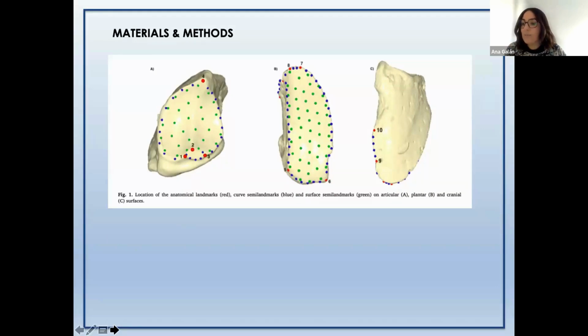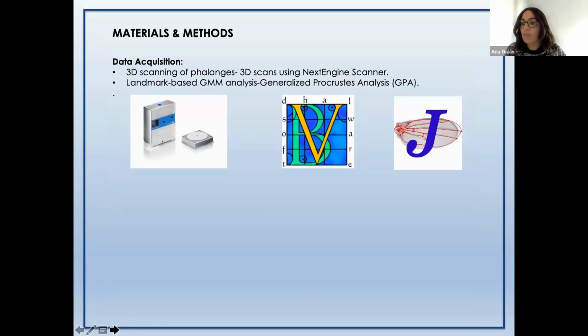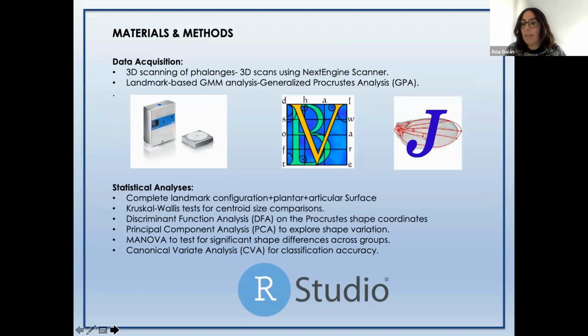A generalized Procrustes analysis was used to remove non-shape variation, followed by multivariate statistical analysis. The analyses were carried out on the complete configuration of the phalanx and also on the articular plantar surface separately. But today, because otherwise it's too long, I'm going to focus just on the complete landmark configuration.